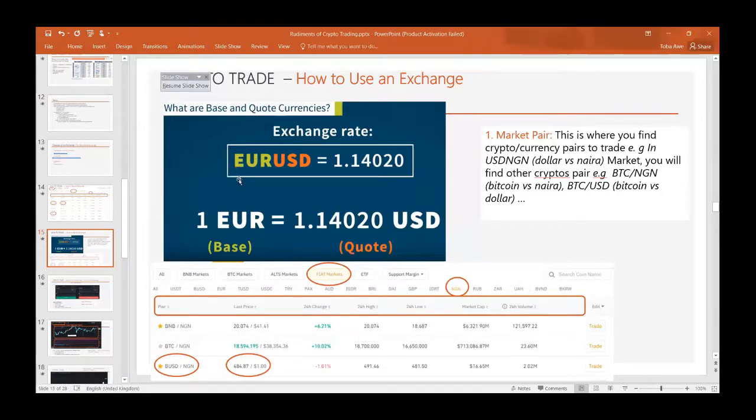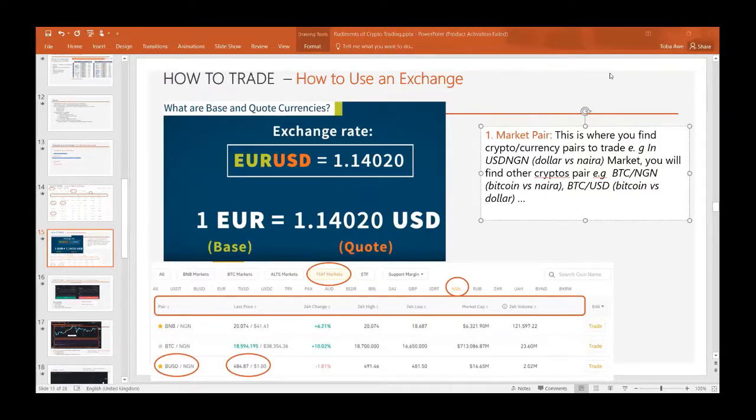So if you have something like EUR/USD equals 1.14020, it means 1 euro is equal to $1.14020.